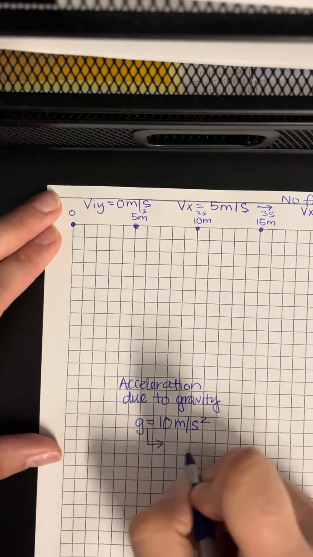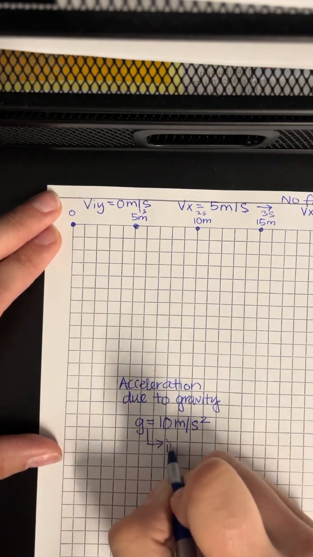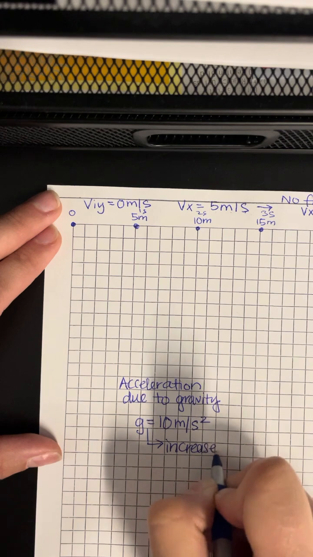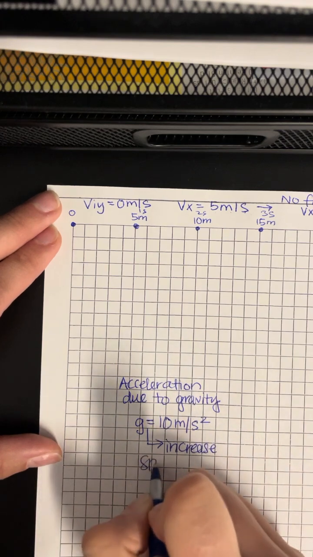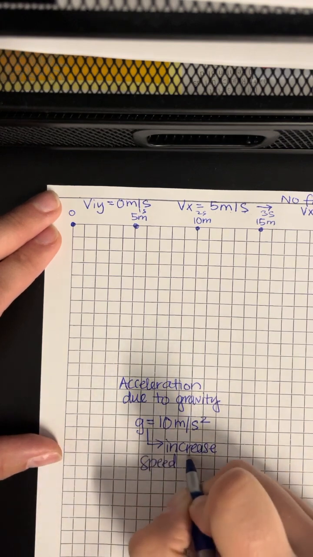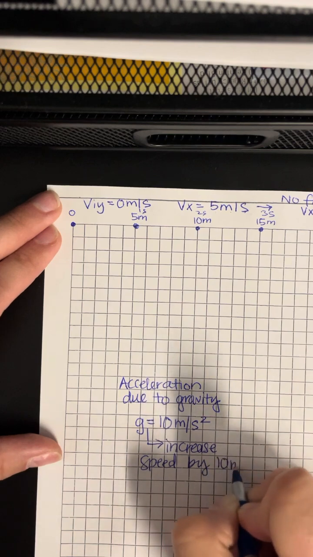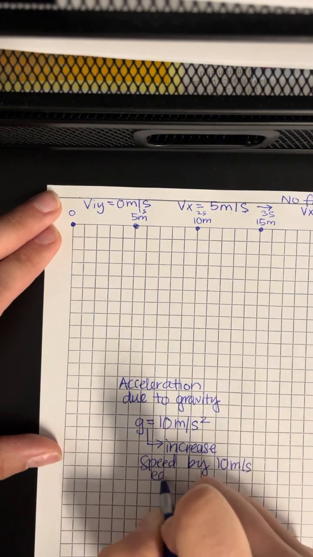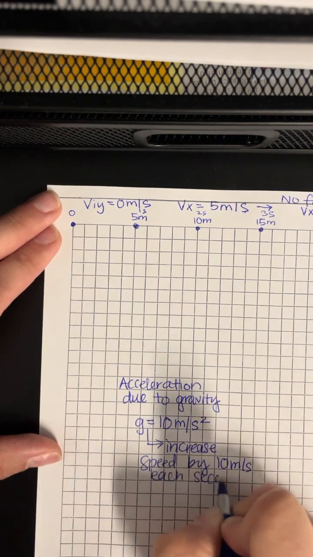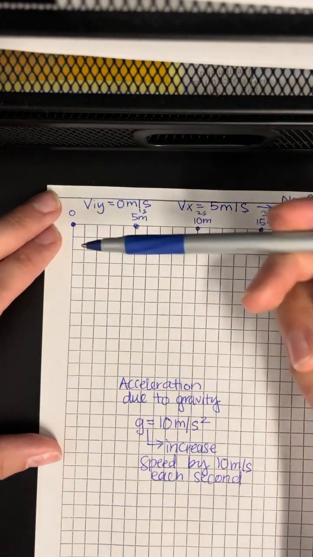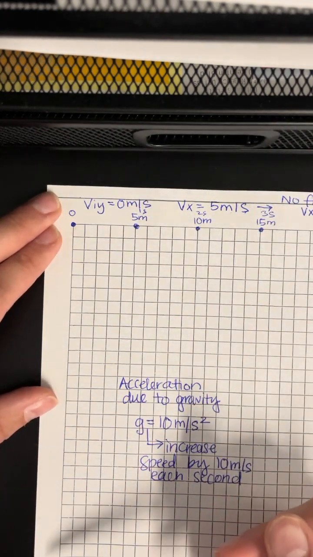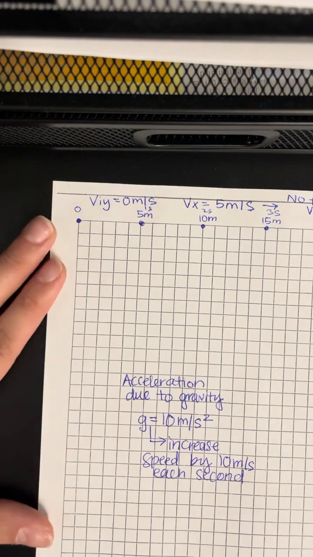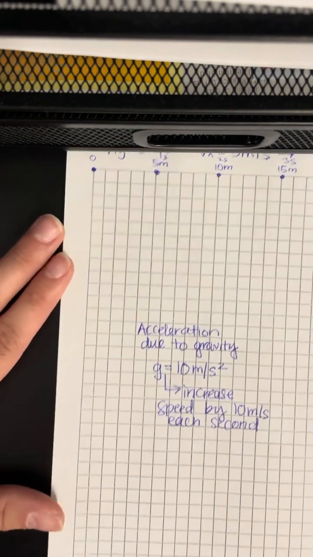What this means is we increase the speed of our object by 10 meters per second each second. So that means that its speed is increasing as it's moving down. Okay, we're increasing the speed by 10 meters per second each second.